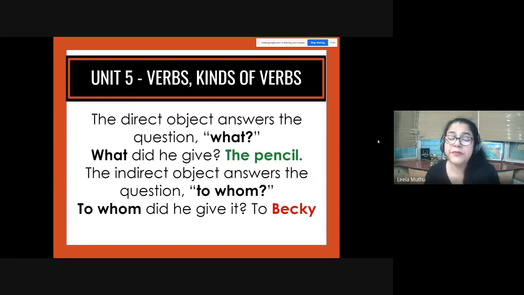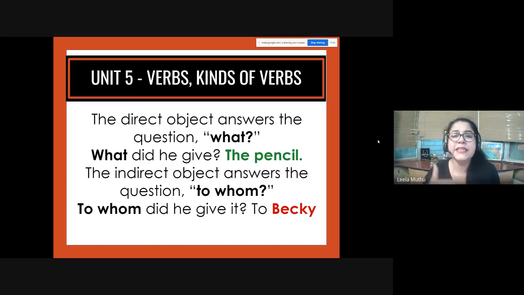The direct object will answer the question what. What did he give? The pencil. The indirect object answers the question to whom. To whom did he give the pencil? To Becky. So very, very simple. It's just a question of practicing, going through different sentences, identifying whether there is one object or more than one object in the sentence.